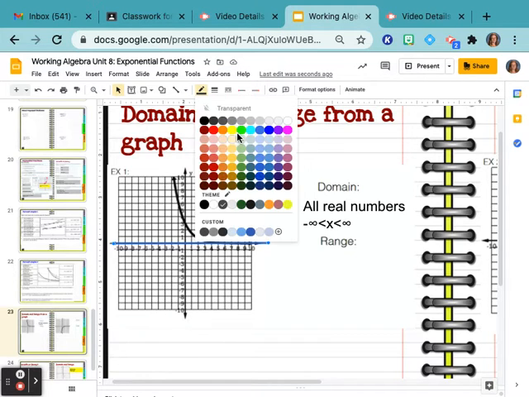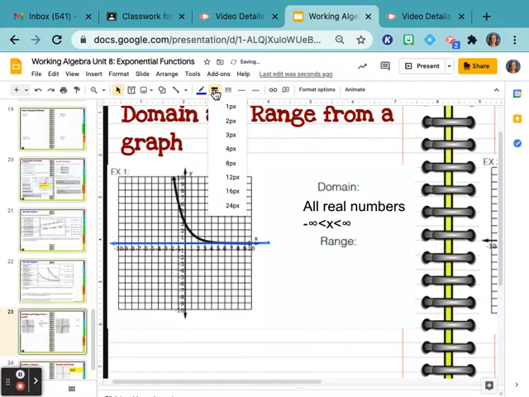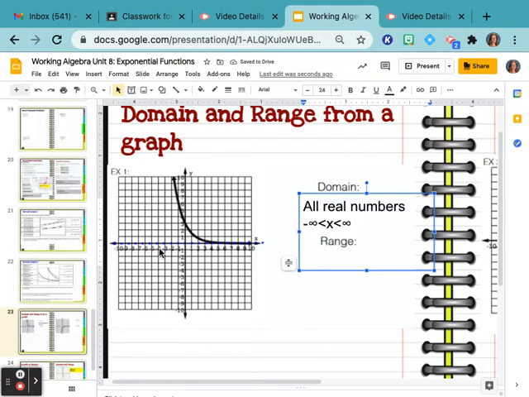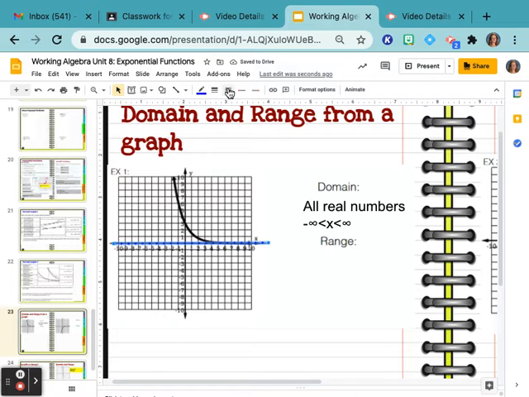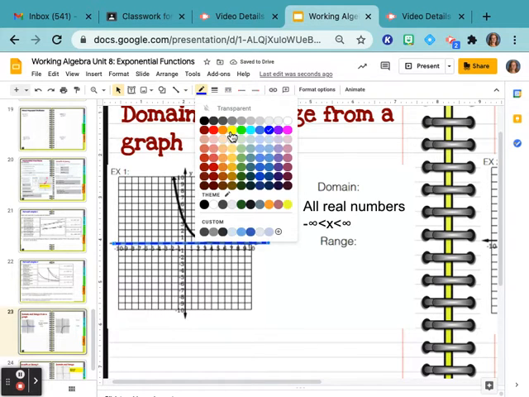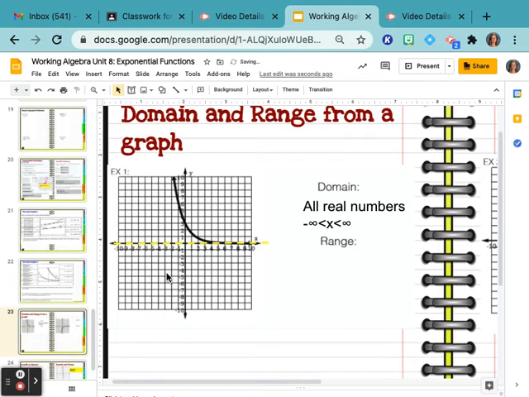I'm going to color mine blue, make it a little bit thicker, but then make it dotted or dashed. I don't like it like that. I want the dashed. Maybe I want a different color. Something that we can actually kind of see. There we go.